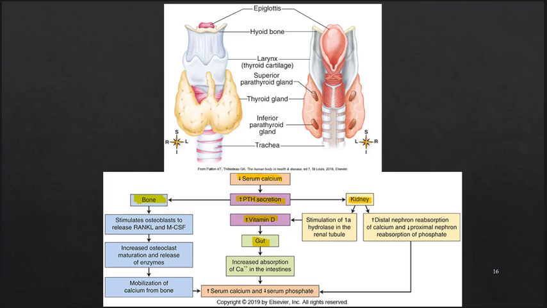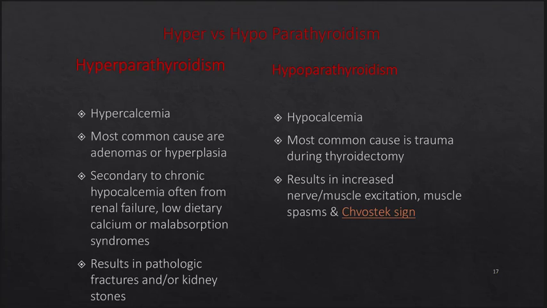And activated vitamin D is important because it assists with the absorption of calcium from our diet into our body in order to increase serum calcium levels. So all in all, with the bone, the intestinal tract, and the kidney, we are working to increase serum calcium levels to bring us back to homeostasis, thanks to parathyroid hormone from the parathyroid gland.